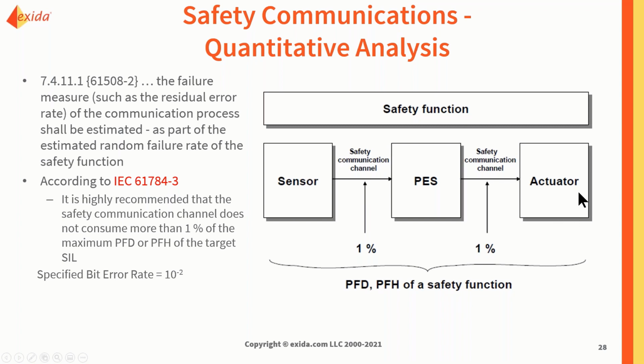And it's not easy to do that. That means that if your safety function has a really low PFD average, PFD or PFH, then you have an even higher requirement in terms of the random failure probability for the particular safety communications channel.